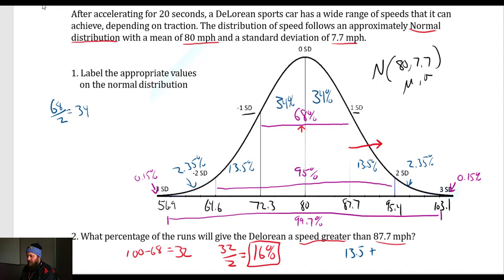From 2 to 3 is 2.35. And from 3 to infinity is 0.15, which gives us 16% as well. So either way you can calculate that. I just want to show you both ways.